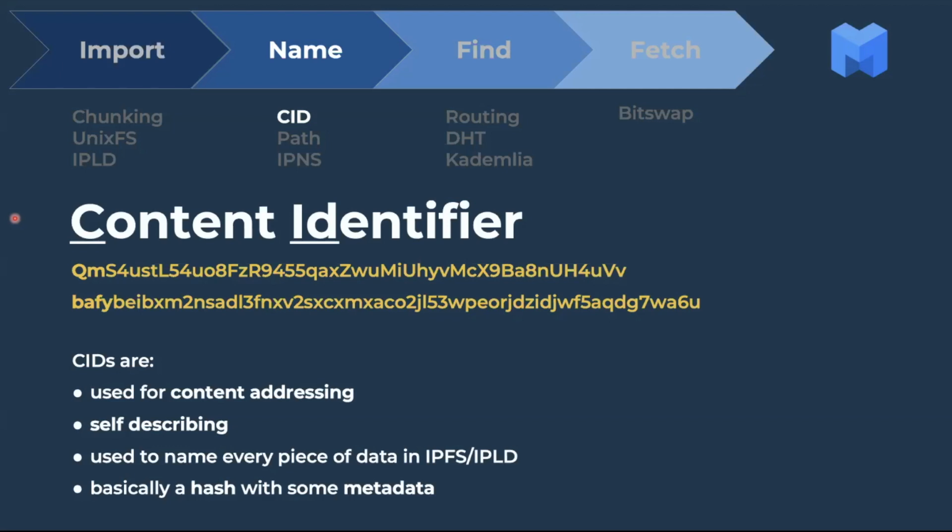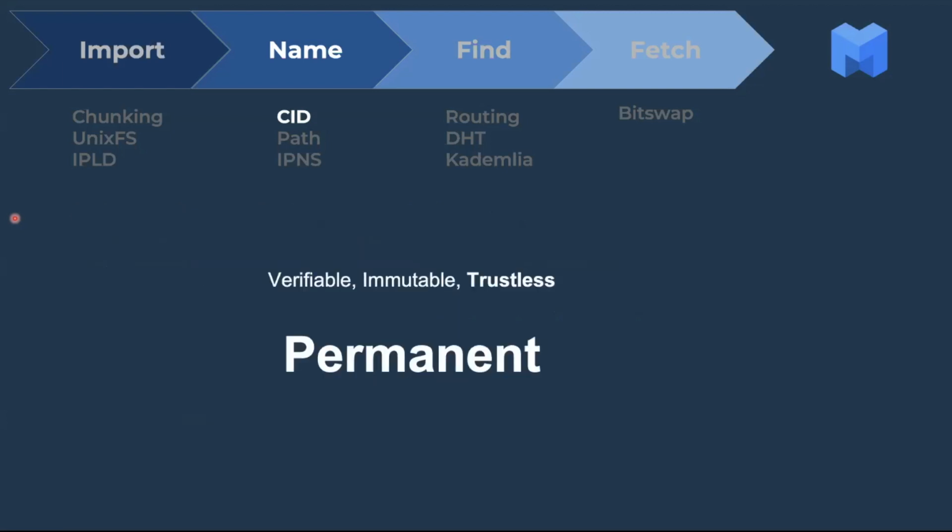Okay. Lots of what we discussed about IPLD and all the content identifiers depend on the CID, which, by now it's clear, is about content addressing. It's self-describing, and it's basically a hash with a bunch of metadata that we're going to look through now.